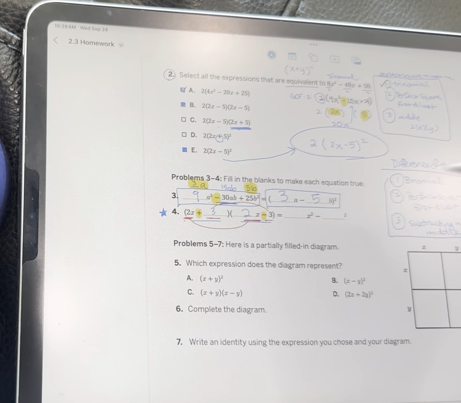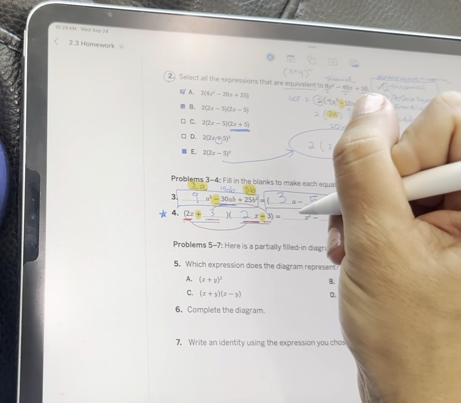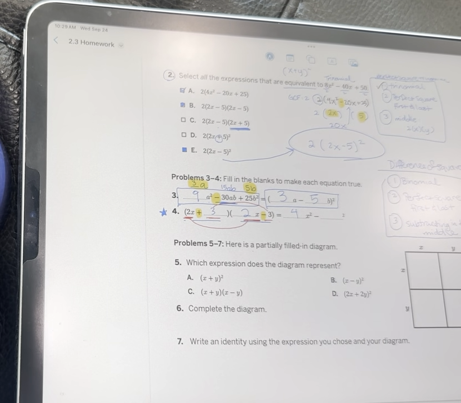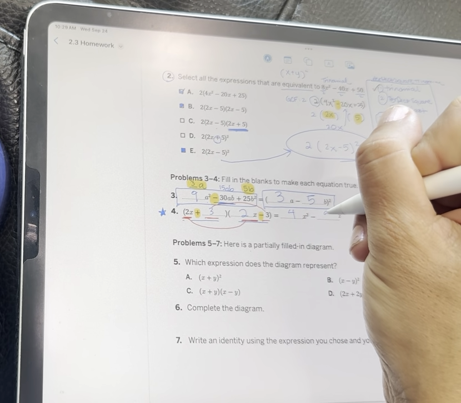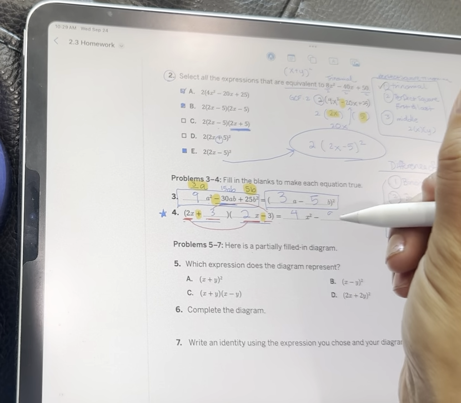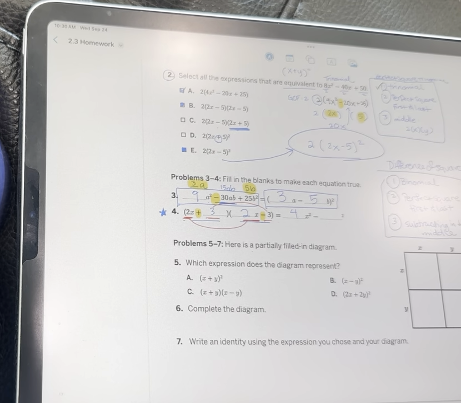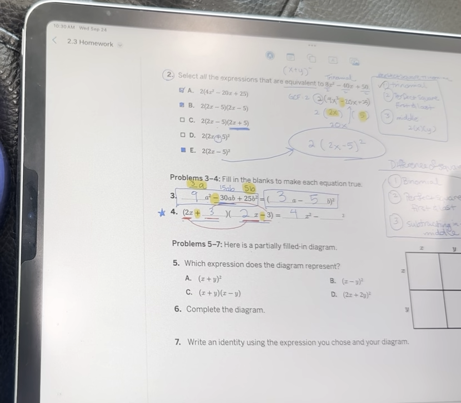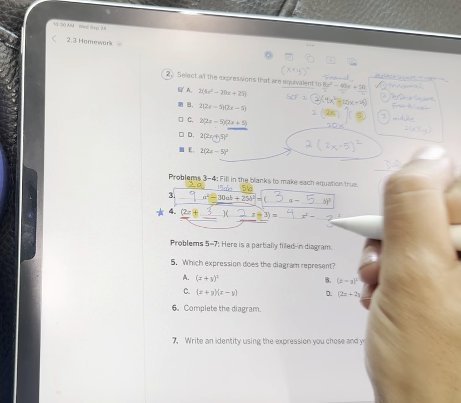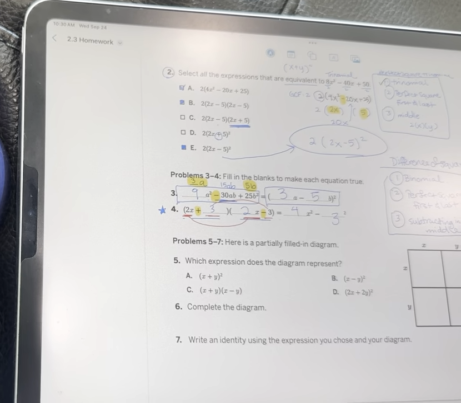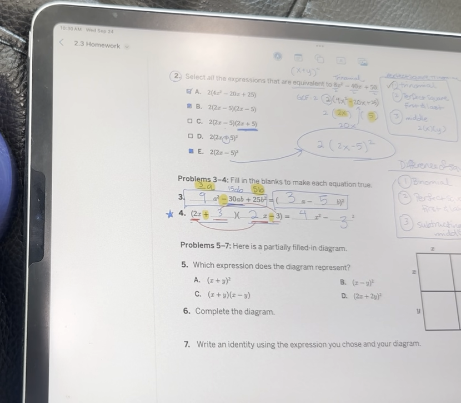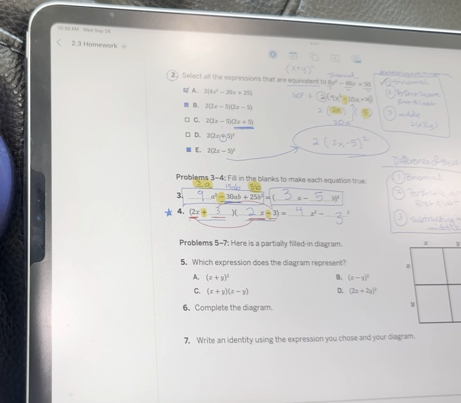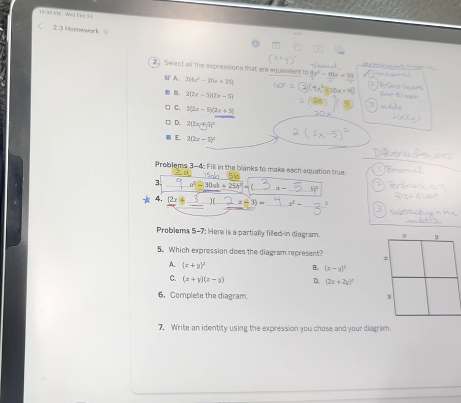So 2x times 2x, 4x squared. And 3 times 3, 9. Oh, but they don't want me to write 9. They put a little 2 exponent for me, so they want me to put a 3, which squared is 9. Okay, alrighty, let's keep our patterns going.